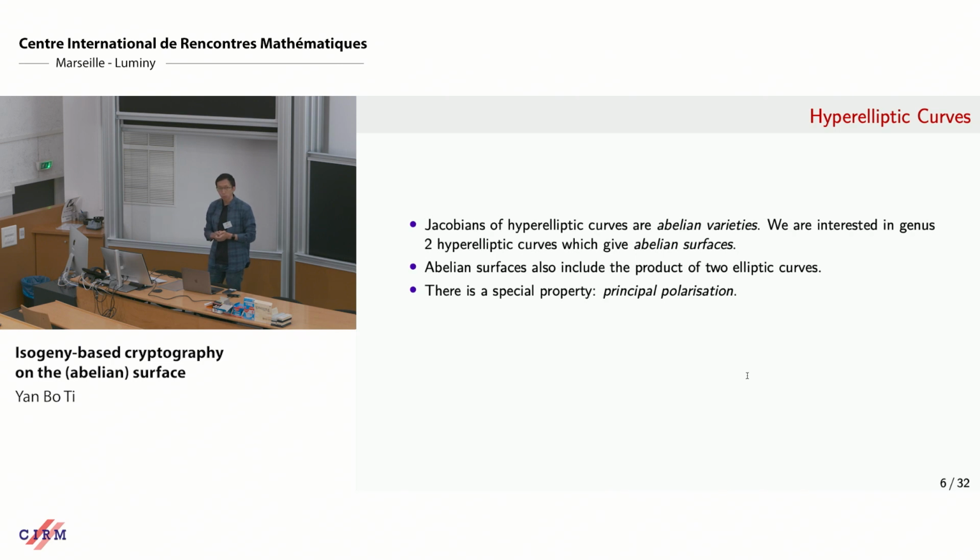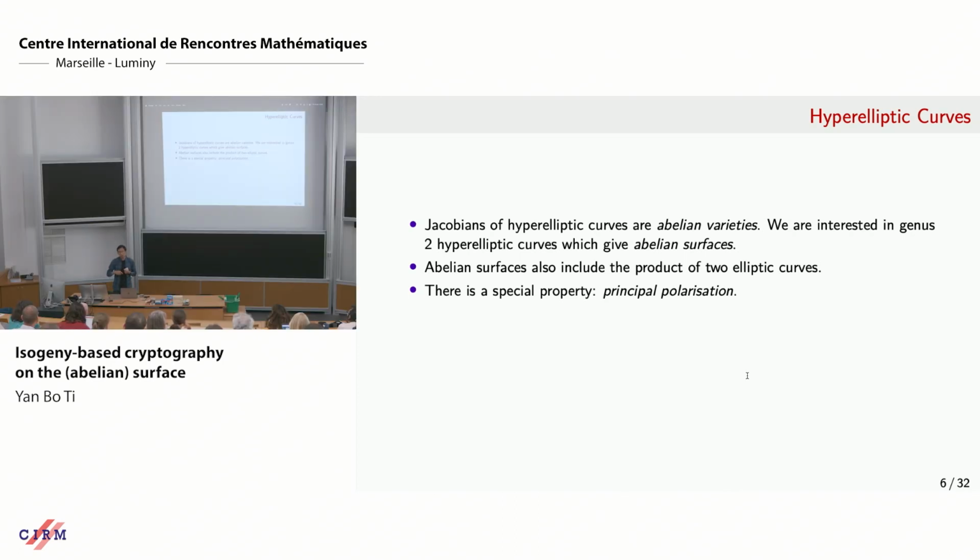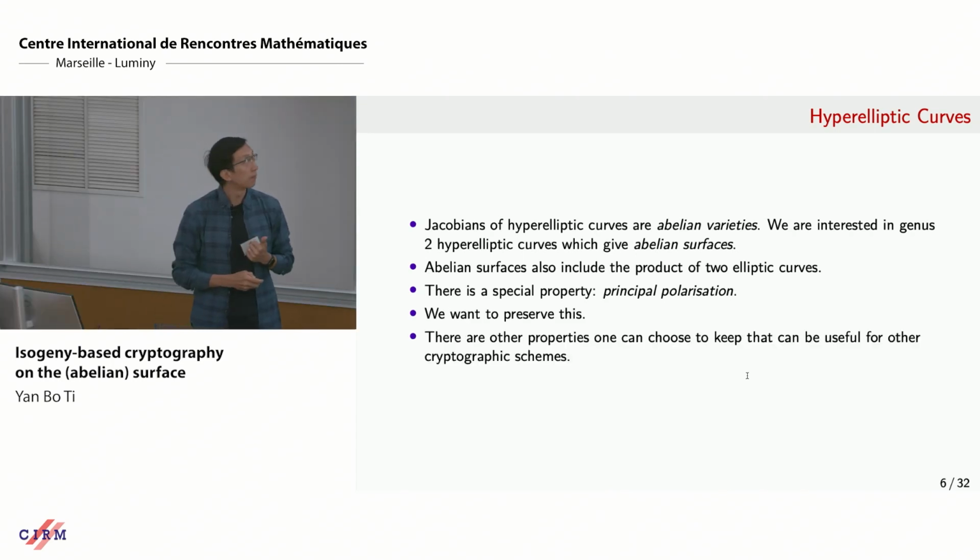And then there's a special property that arises when you take Jacobians, which is that you bring along this thing called a principal polarization, which you want to keep track of for the rest of this talk. There are other structures that you can consider on abelian surfaces, but this is for later on. Okay, so you want to keep this principal polarization.